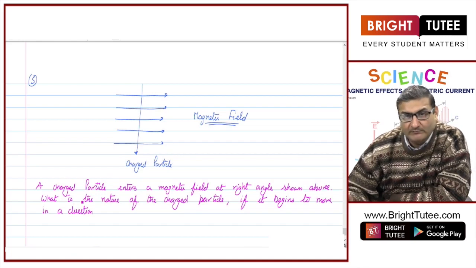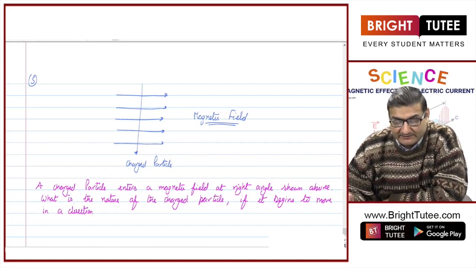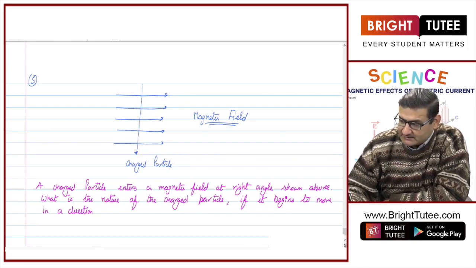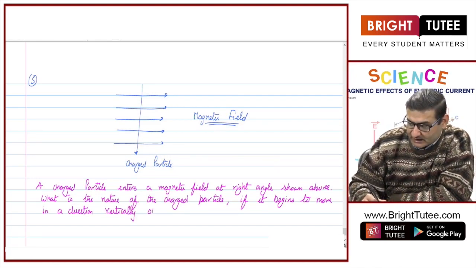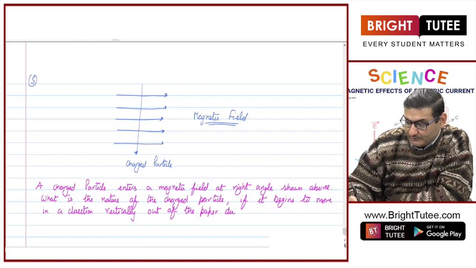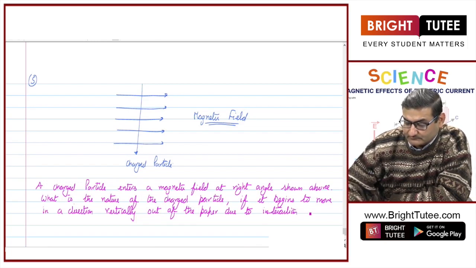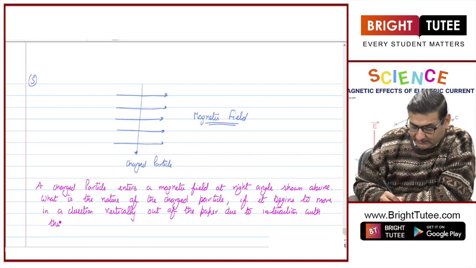Now the movement is specified that if it begins to move in a direction vertically out of the paper due to interaction with the magnetic field.